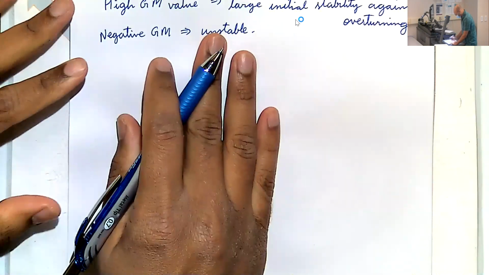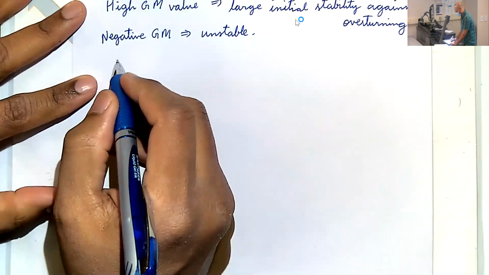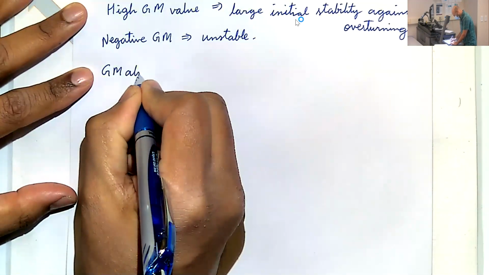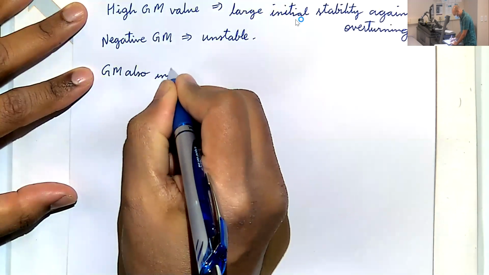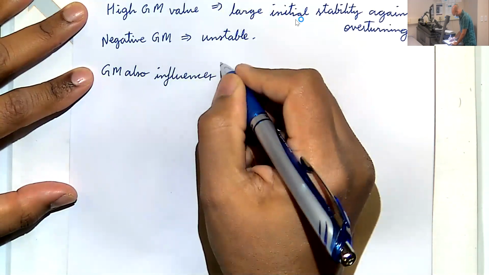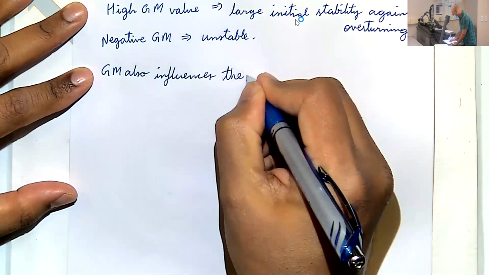All right, so one more note here. GM also influences the rolling period of the hull.